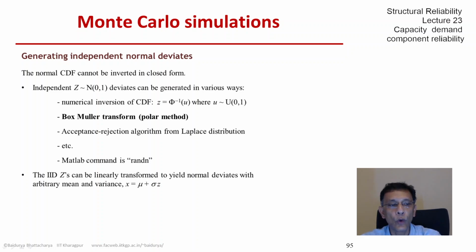So if we want to generate a normal with mean mu and standard deviation sigma, then we would just multiply that z with sigma and add mu and obtain the desired normal deviate.